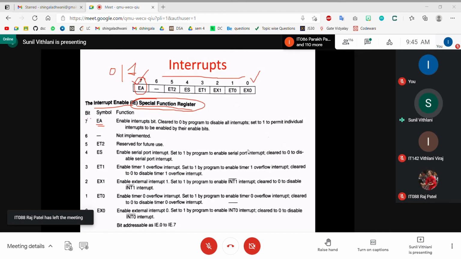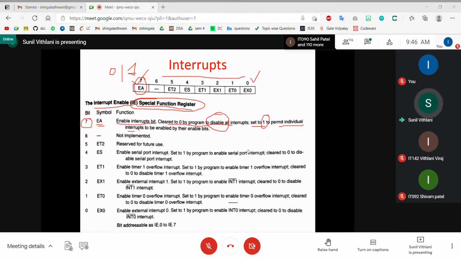Bit number 7 is the enable bit. The enable interrupt bit is cleared to 0 by the programmer to disable interrupts. So if you want to disable all the interrupts, we make this 0. And if you want to enable a particular interrupt, set to 1 to permit individual interrupts.